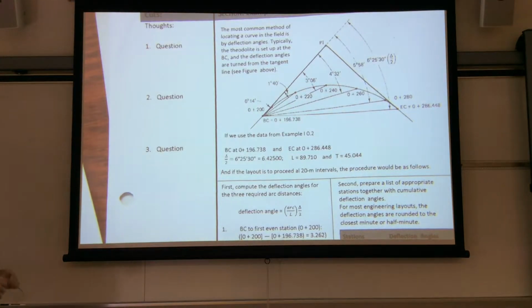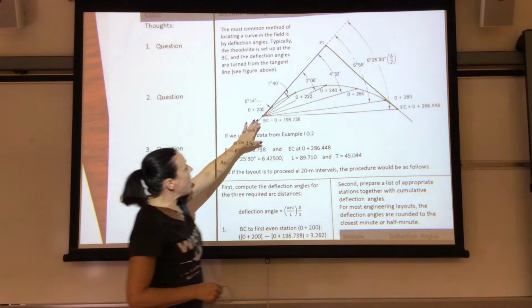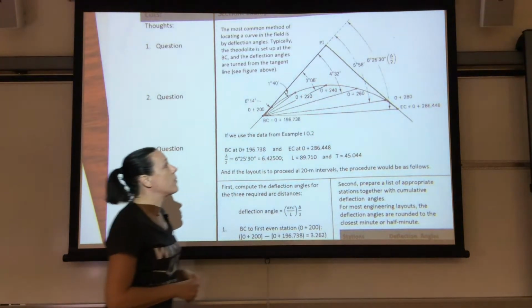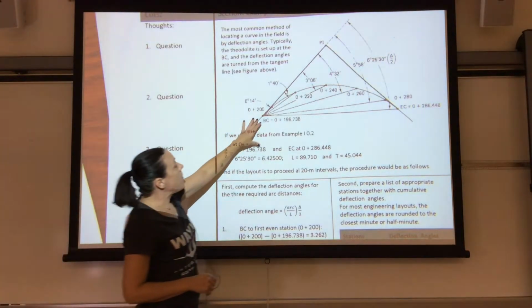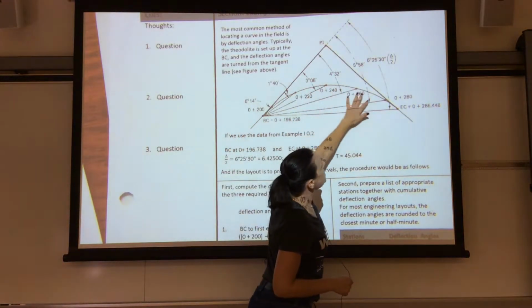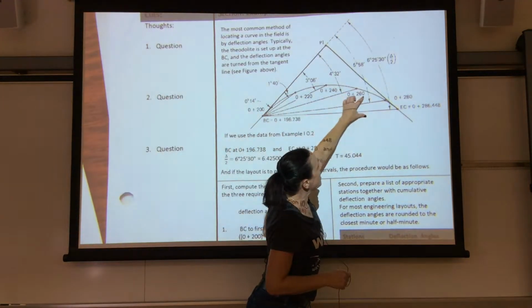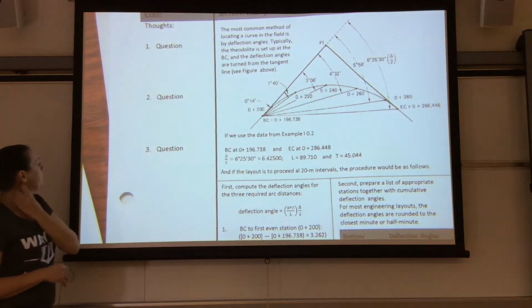The most common method of locating a curve in the field is by deflection angle. So in this one, we have the total chord distances that we're using. This is in metric. So there's a beginning point, but we still have to use the deflection angles. So instead of the incremental deflection angle in between, we are actually using the deflection overall.